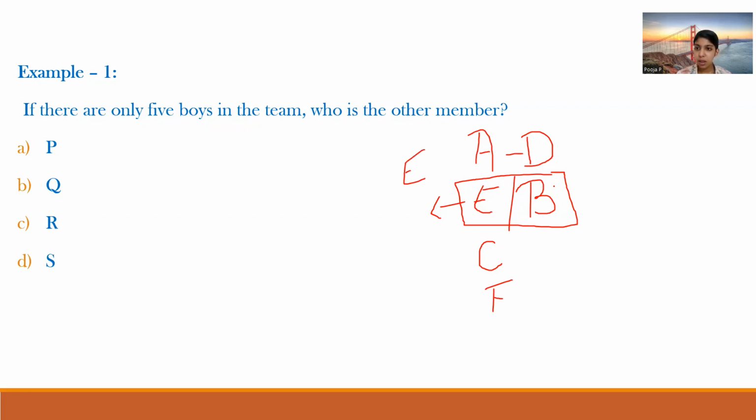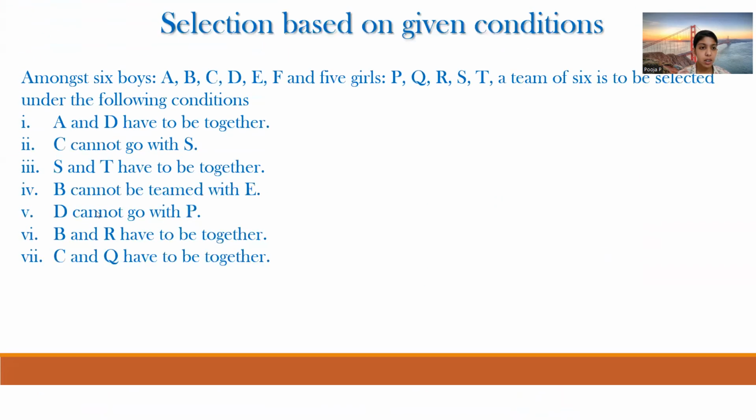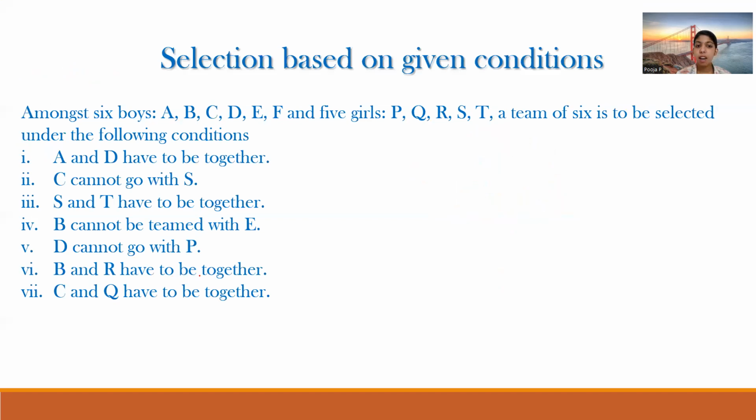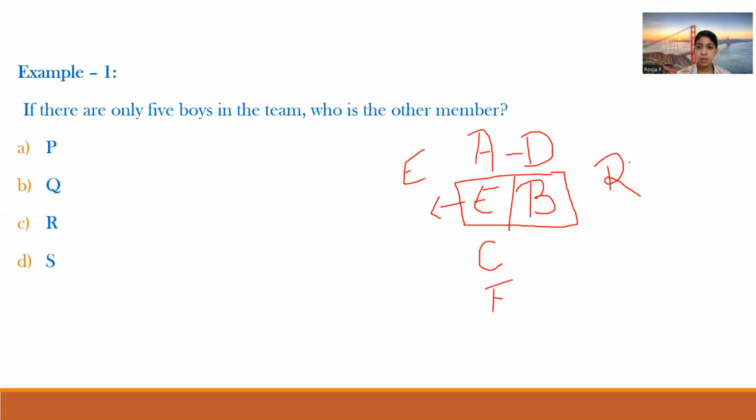But if B comes, along with B, R should also come. That is a given condition. B and R have to be together, and R is a girl. We have no restriction on a girl, but we can't always say. So when you're choosing, you'd rather prefer E. And the last guy is F. All right. Who is the other member among them?